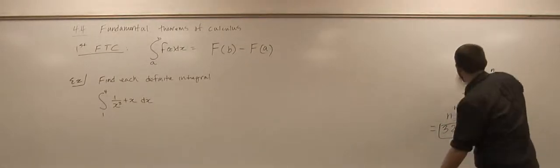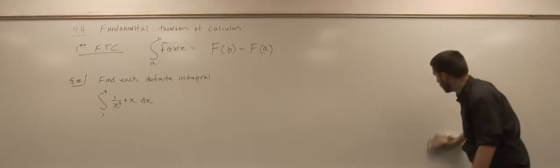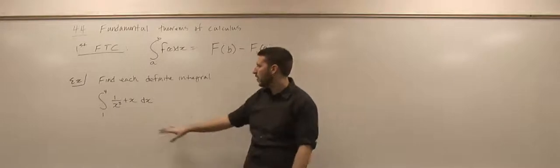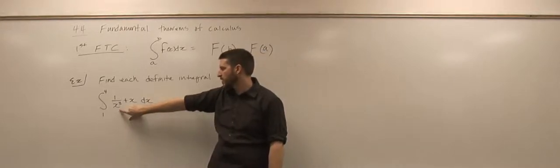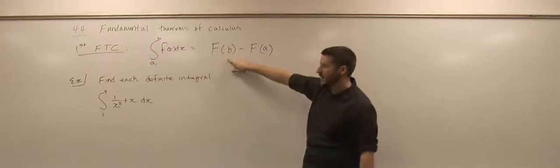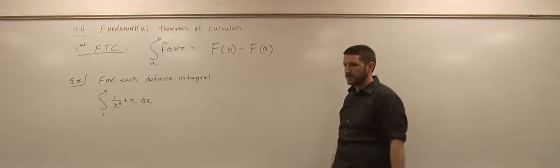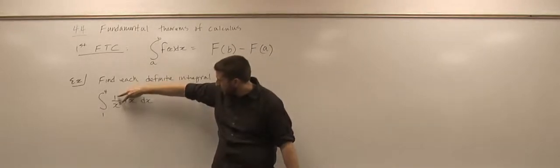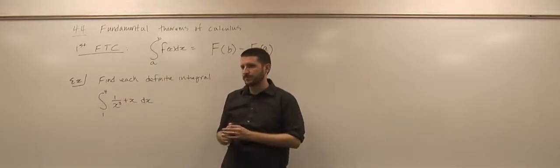Before this section, if we were trying to do this integral, we would have to either find an area or do a Riemann sum, do our limit definition. But now all we have to do is find an antiderivative and plug in some numbers. So the question is, how can I do the antiderivative of 1 over x cubed?